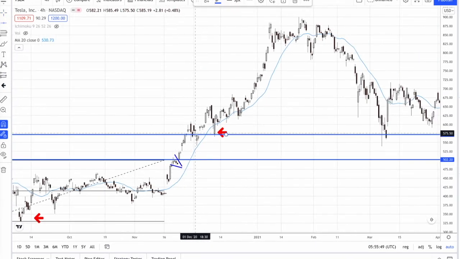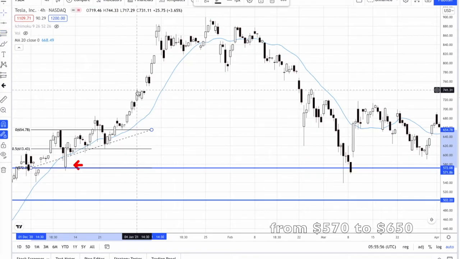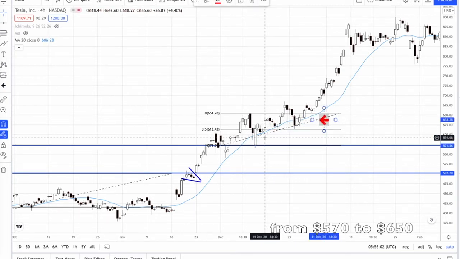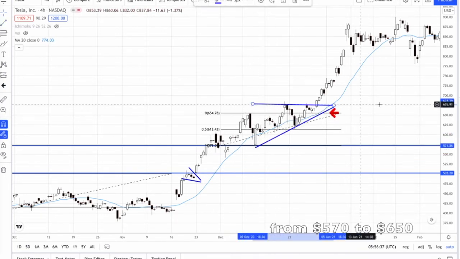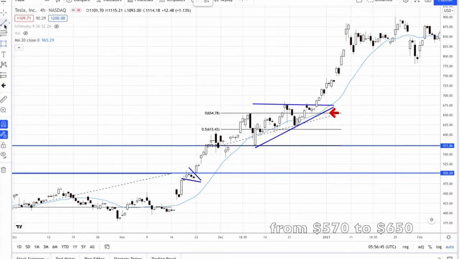Again, we draw a range from that low to that high. What happened here? Price started to trend above the 20 MA and above the half of the range. And at the breakout area, we see another bullish pattern again. This ascending triangle pattern. And then price also consolidated above that resistance area.